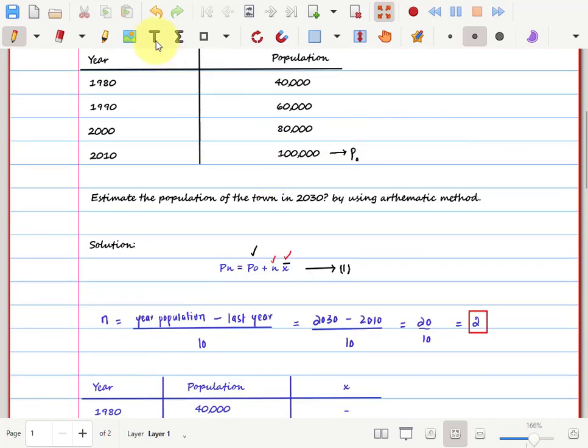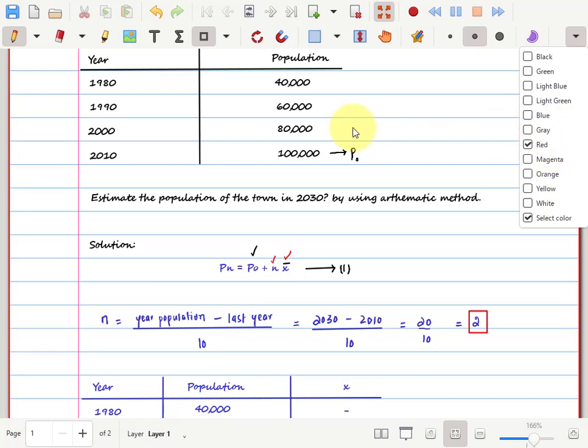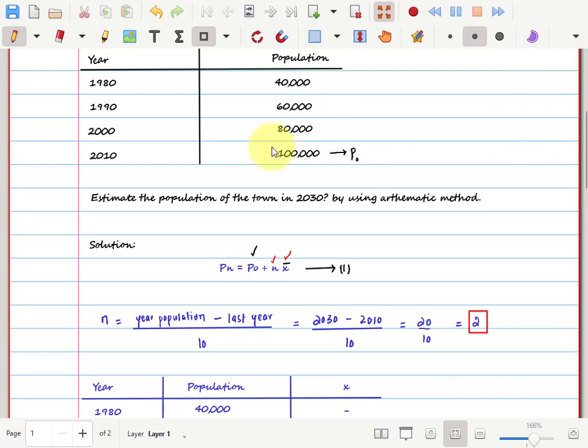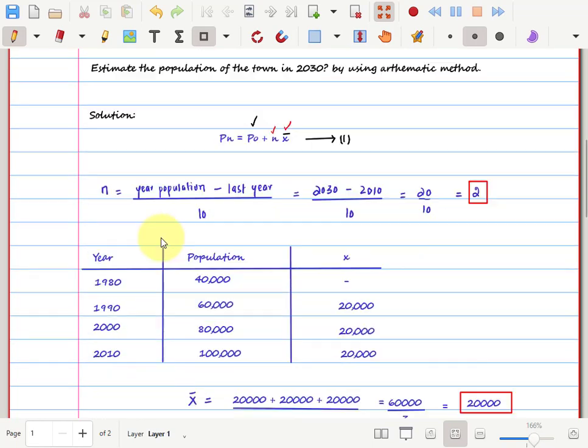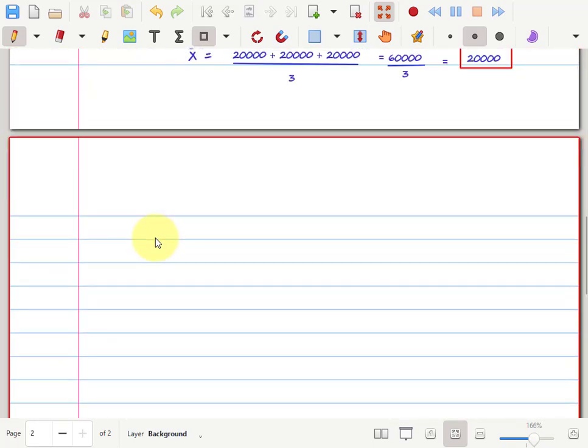P naught is this one, right? So just put them in equation 1 and let's see what is going to be the population.